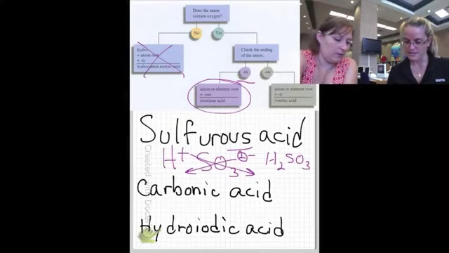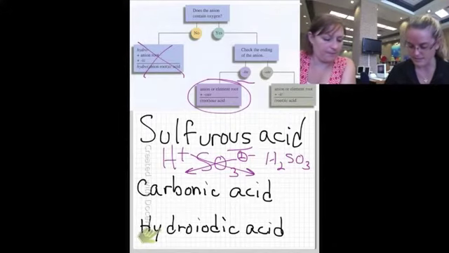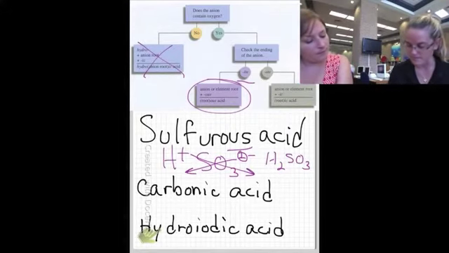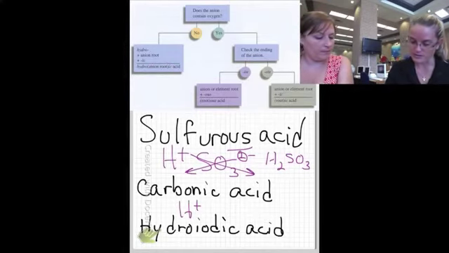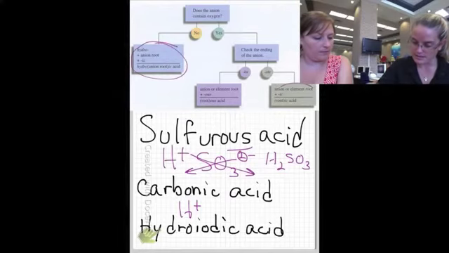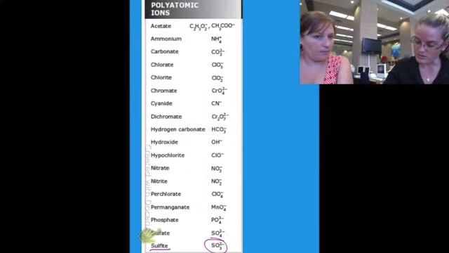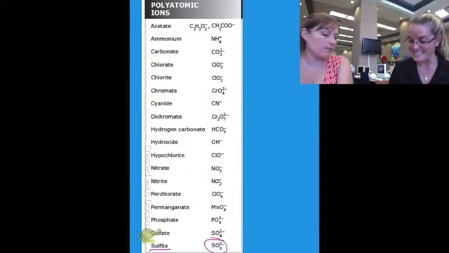So now we have carbonic acid. Again, once I see the word acid, it tells me write an H+ immediately. Carbonic. So there's an ic here and an ic here. So I look and that says it's got to start with hydro. It doesn't start with hydro. So I know that used to be carbonate. Yes.